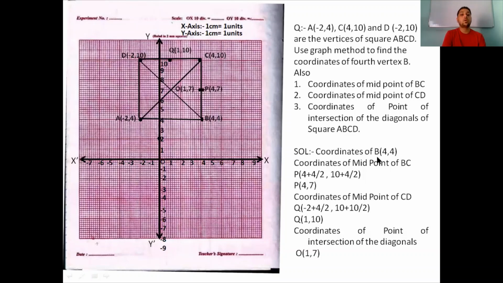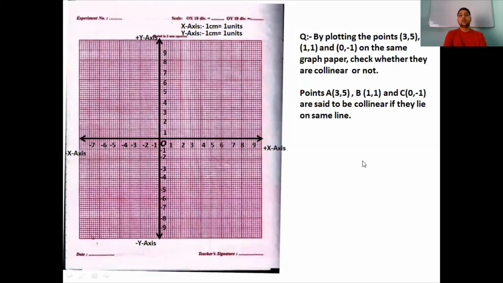Now next we have a question. By plotting the points (3, 5), (1, 1) and (0, -1) on the same graph, check whether they are collinear or not. We name them point A as (3, 5), B as (1, 1) and C as (0, -1). They are said to be collinear if they lie on the same line.